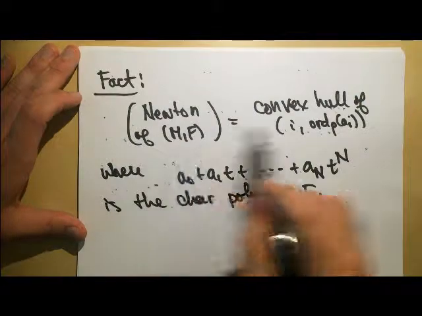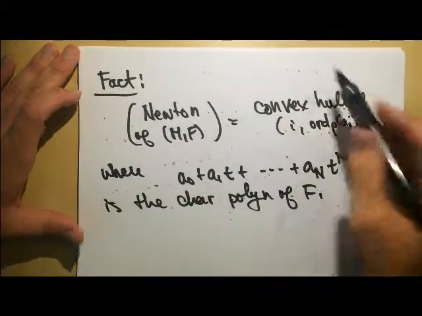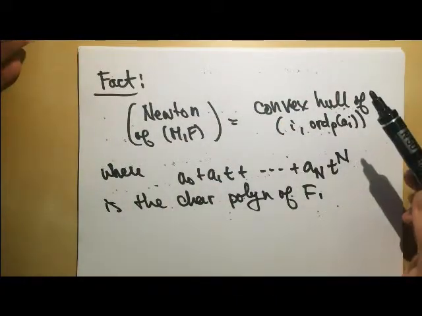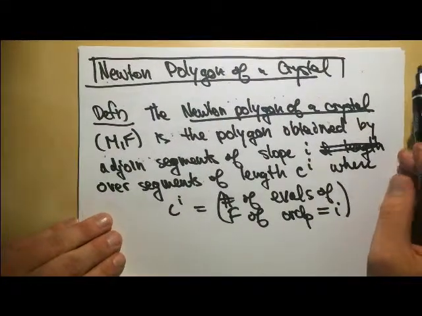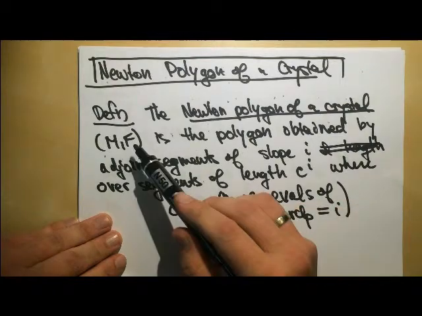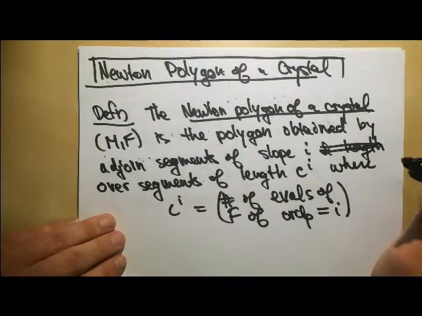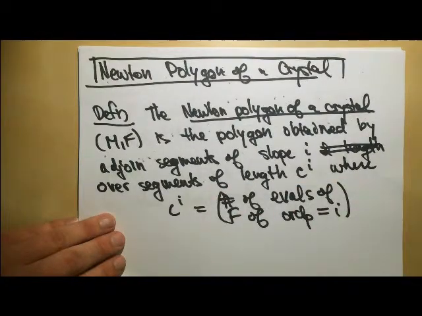Okay, so there are kind of two ways of computing this. One way is by looking at the eigenvalues of this Frobenius, or this f for this crystal.